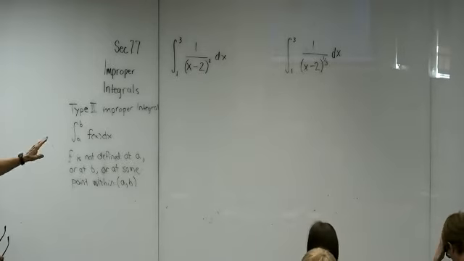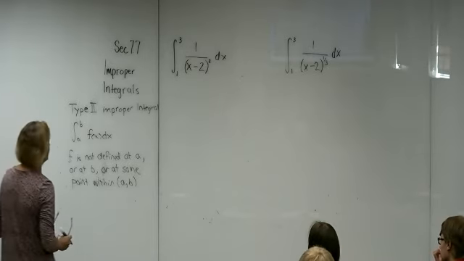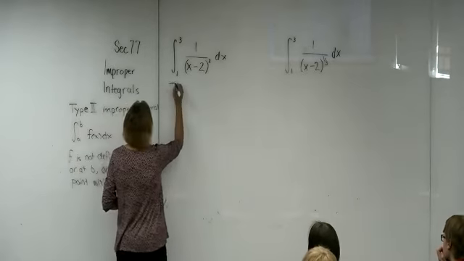This integral on the right is going to converge. In other words, it'll have a finite value doing legitimate steps. And the integral on the left is going to be an infinite integral. It's going to take on a value of infinity. This integral will diverge.